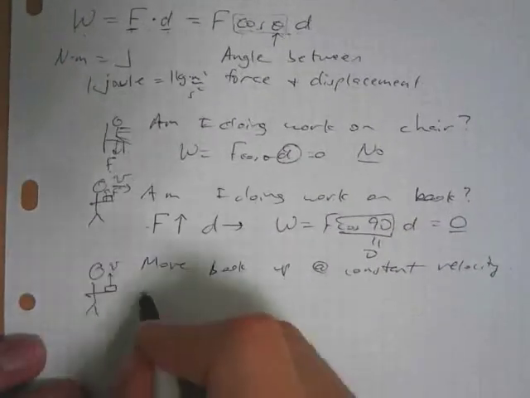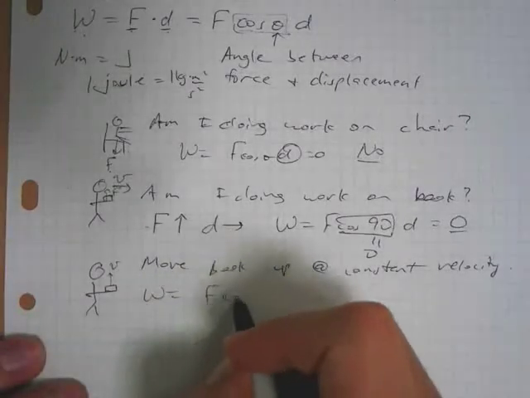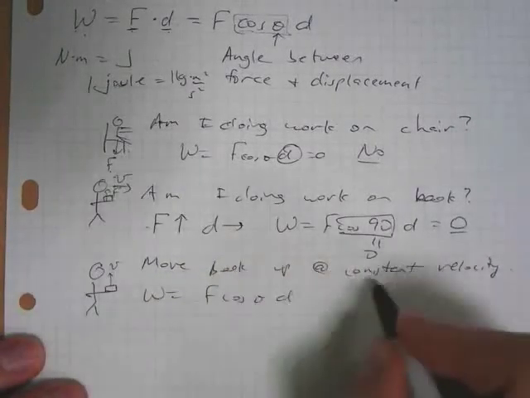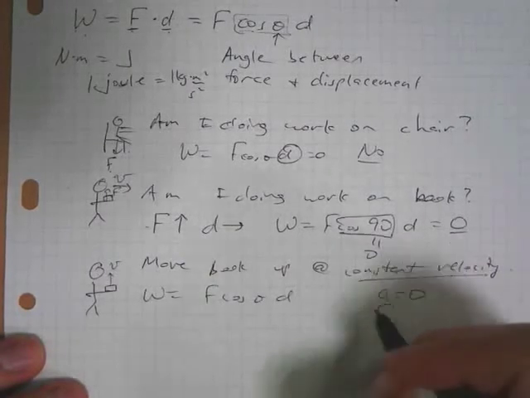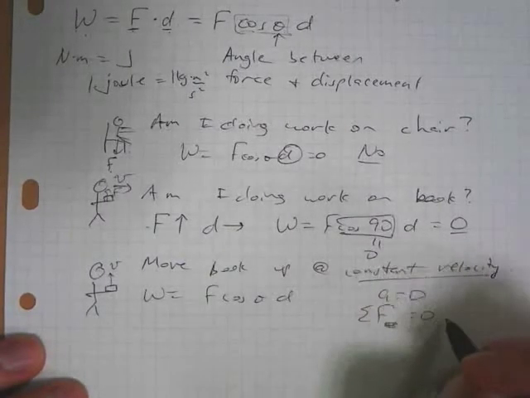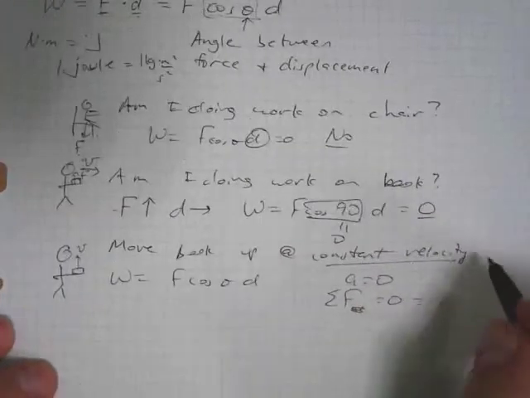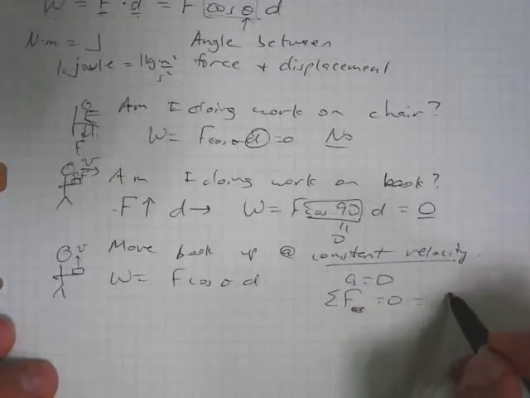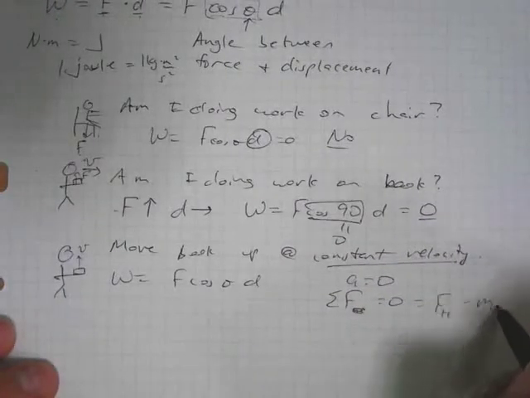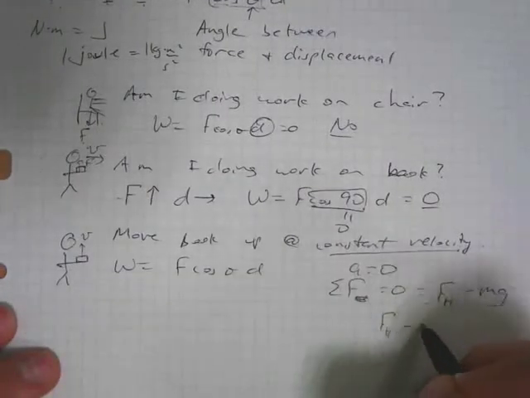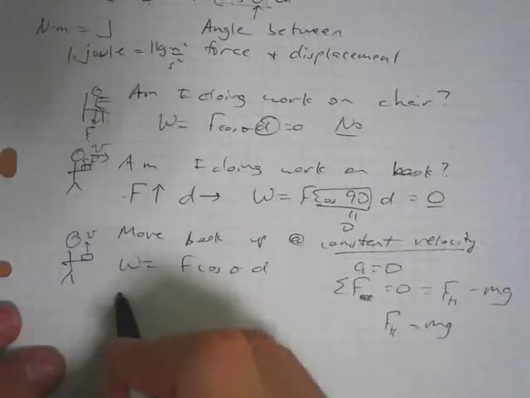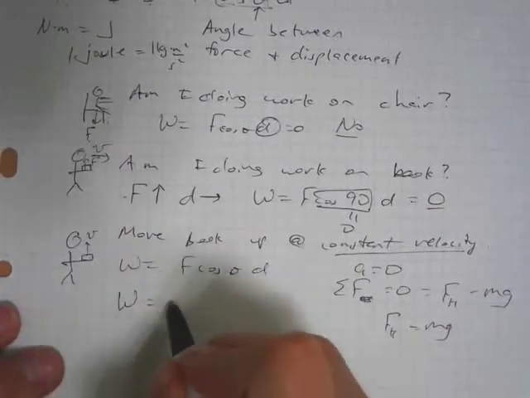Well, my work, of course, is F cos theta times d. If I'm moving it up at constant velocity, that means acceleration is 0, which means the net force is 0, and the forces acting are the force from my hand and gravity. So if I'm moving at constant velocity, the force from my hand is equal to mg. So then the work I'm doing on the book is mg.